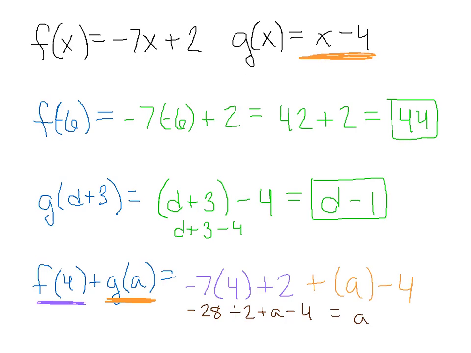Nothing combines with a. And then you add negative 28 plus 2 is negative 26. Negative 26 minus 4 is negative 30. So your final answer for this problem is a minus 30. That is the answer to f of 4 plus g of a.